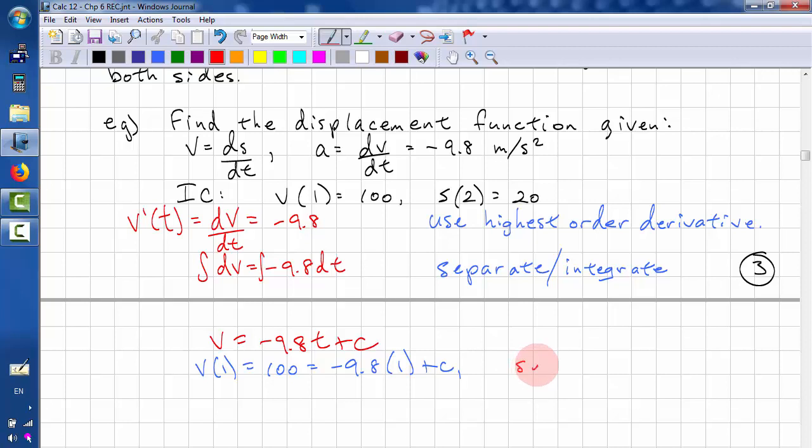We want to substitute the initial condition. So C1 equals 109.8. So V of t equals negative 9.8t plus 109.8.